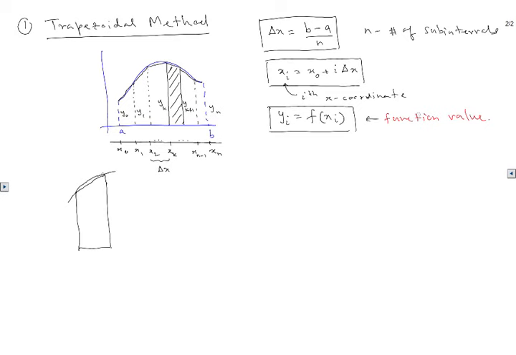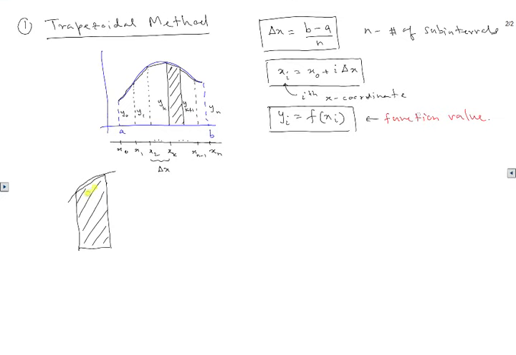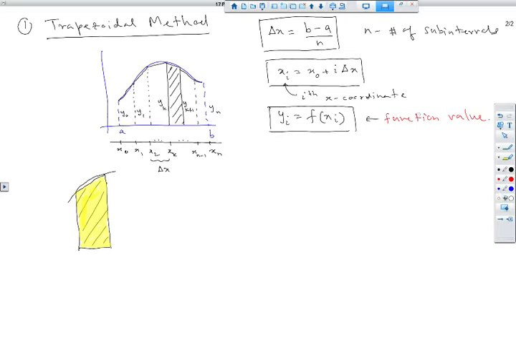So we can approximate the area under the curve by the area of the trapezoid. We're going to use this area as the area below the curve. That's an approximate value, and you can see that it's an approximation.